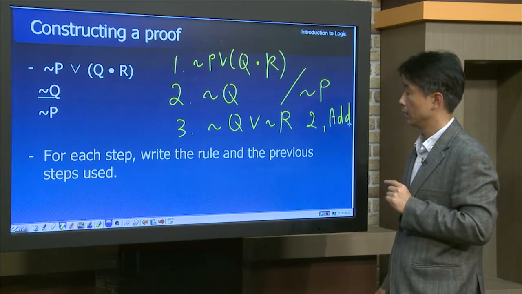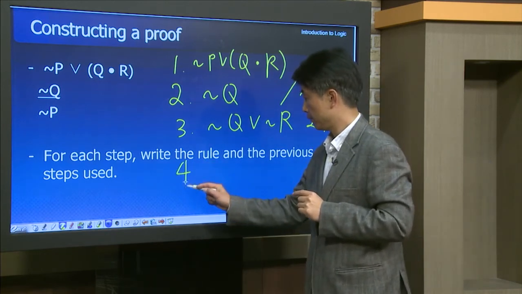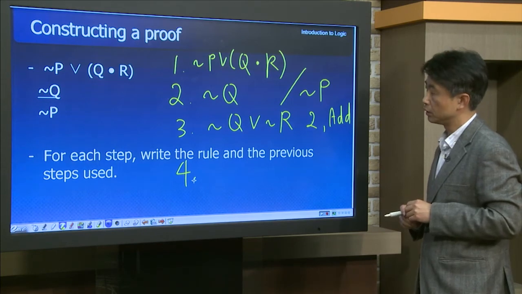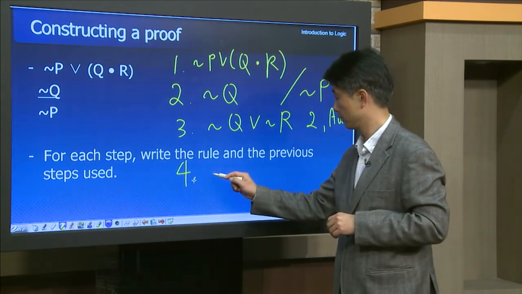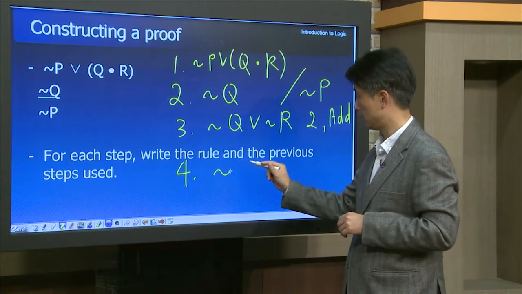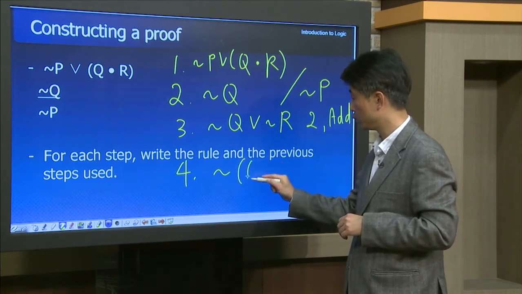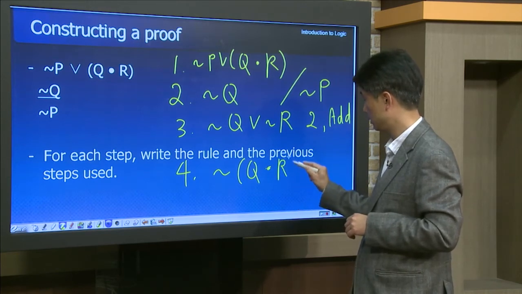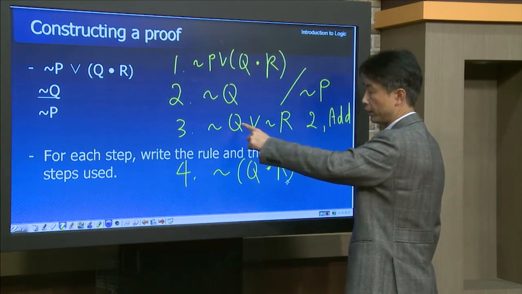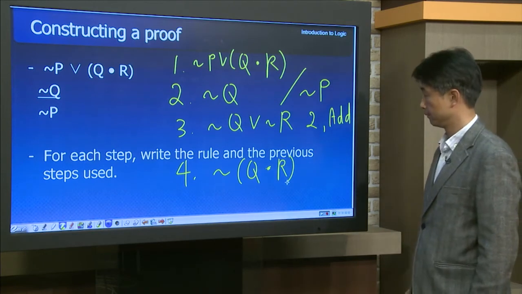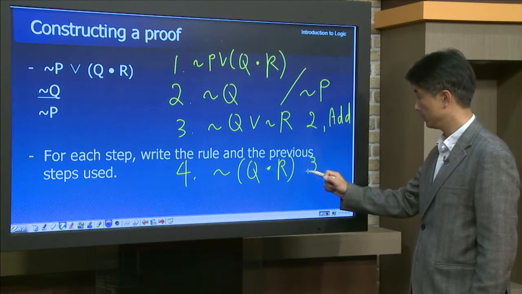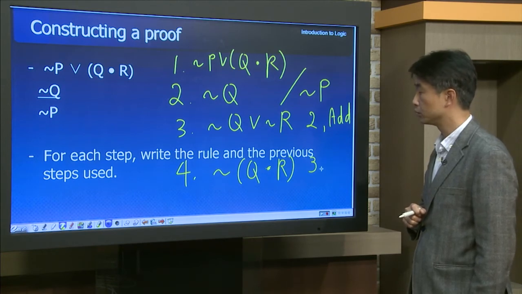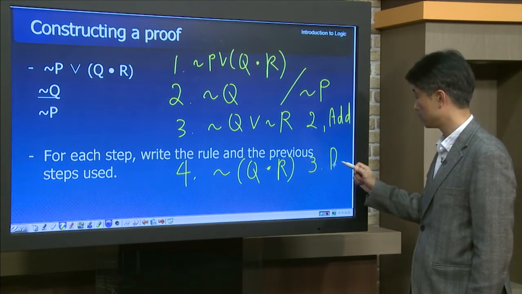For the 4th step, I see that I can use the rule De Morgan. I can derive not Q dot R from number 3, and I use the rule DM, the De Morgan rule.